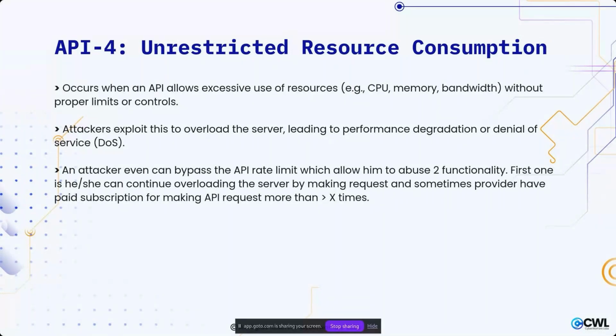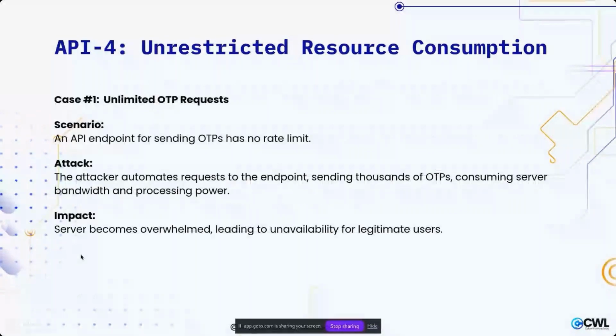So the company Spotify provides APIs to developers. If an attacker can bypass the API rate limit, he can abuse two functionalities. First is bypassing the API rate limit, and second is that the API is paid. You cannot make more than 100 requests in one day or one hour, so you can bypass that too. So it is also a vulnerability.